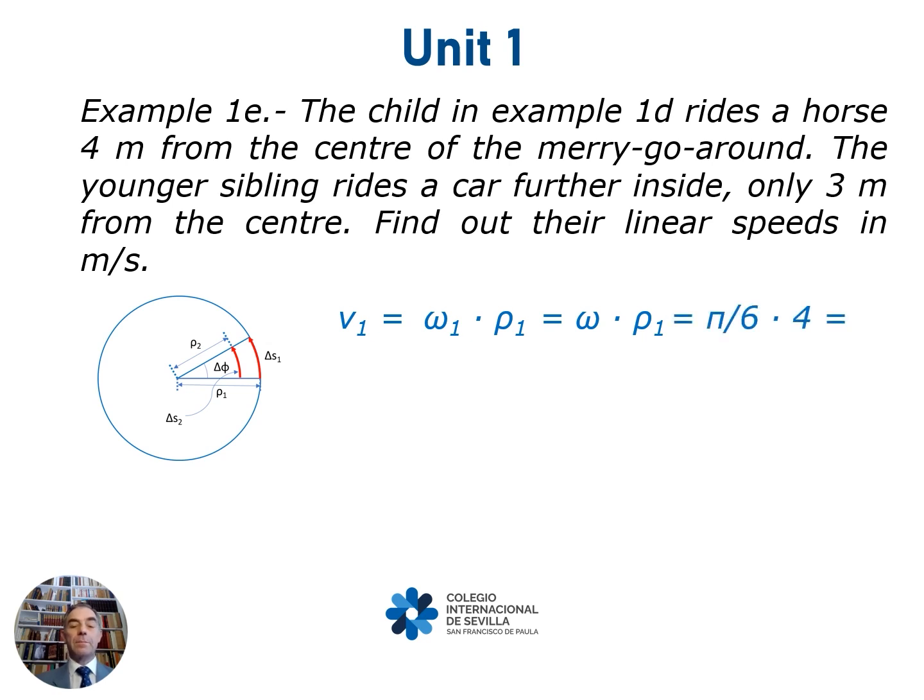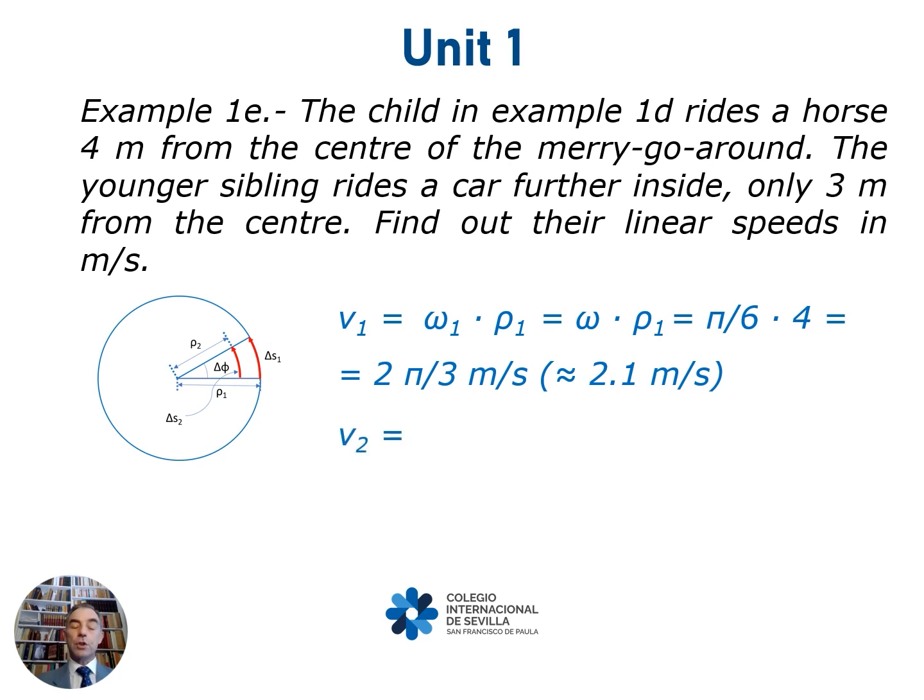That is pi divided by 6 radians per second, as we calculated, times 4, which is the radius for this child, which is 2 pi divided by 3 meters per second, approximately 2.1 meters per second. Normally, we do not replace pi by its value.